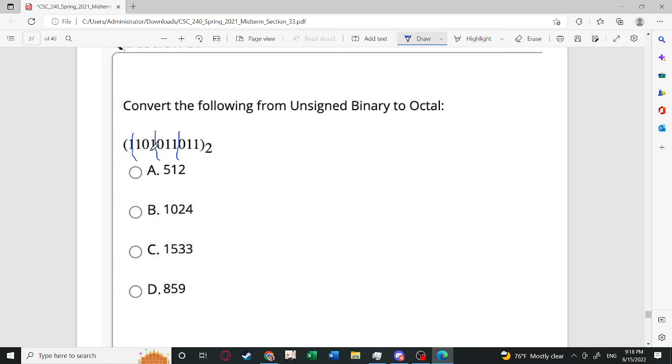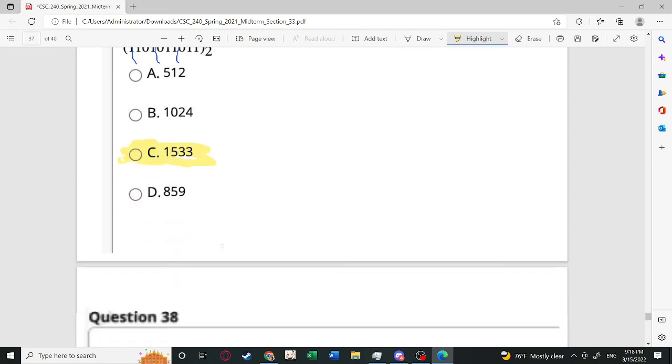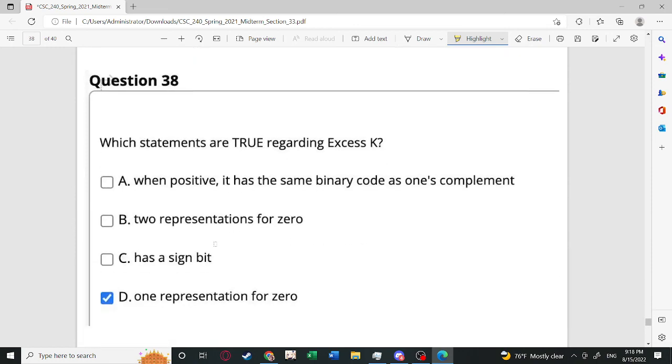So this is a 5. This is 1, and that's 1. So that's C. And here you just pad it with zeros. Which probably is correct. So D is correct, right?